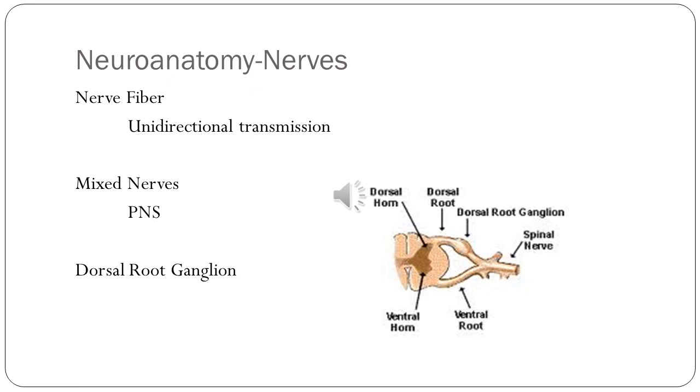And again, a mixed nerve is basically just a nerve, because most of your nerves in the peripheral nervous system are just bundles of different nerve fibers.